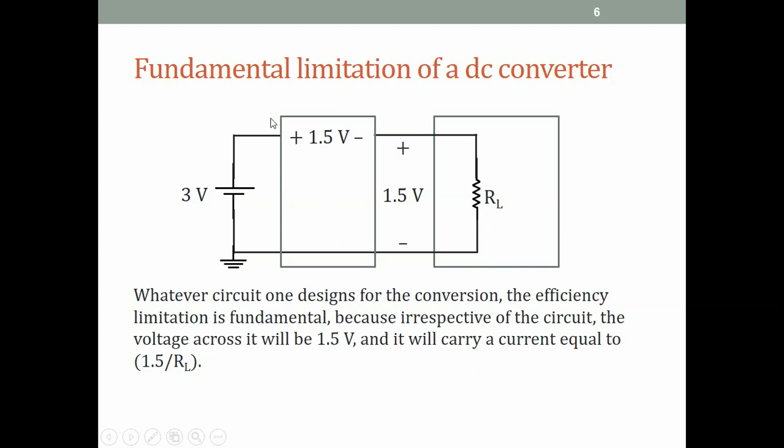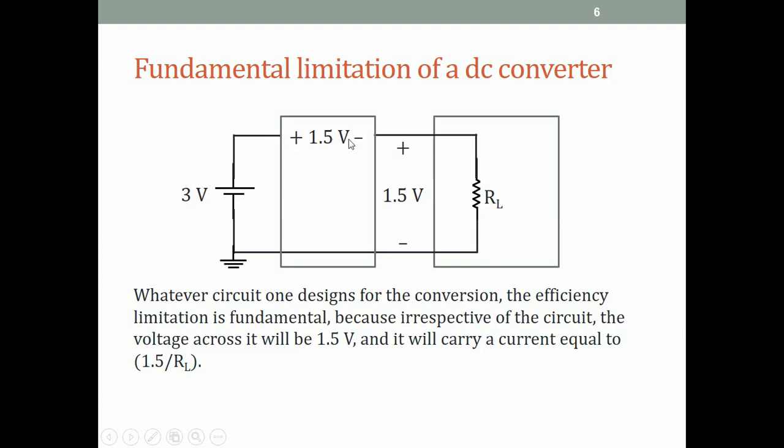Now this actually is a fundamental limitation. Whatever I put inside this DC to DC converter block, if this circuit is a DC circuit, and I want this voltage to be 1.5 volts while this voltage is 3 volts, then there has to be 1.5 volts across this DC to DC converter circuit, and a current is flowing which is equal to 1.5 volts divided by RL.